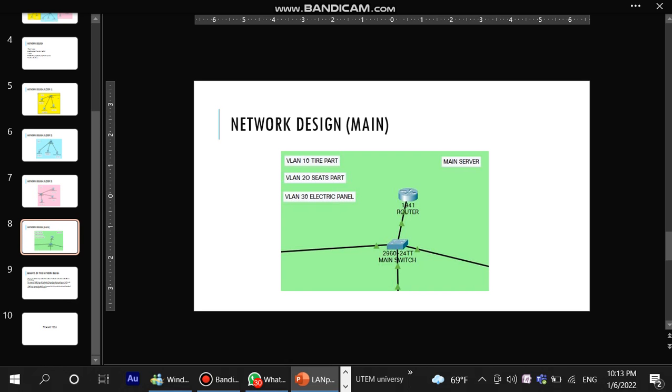They were configured for this LAN network, so we can just see and manage most of the LAN from here, and we can see the main information for the VLAN: seats part 20, the tire part was 10, electric panel was 30.